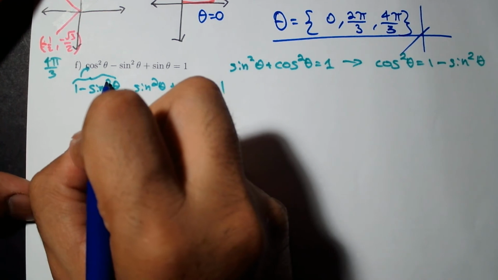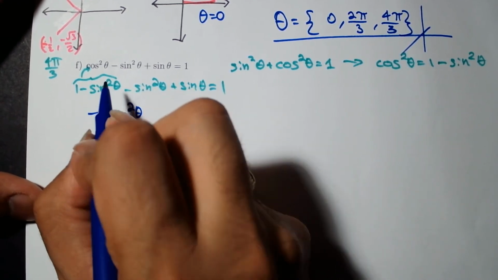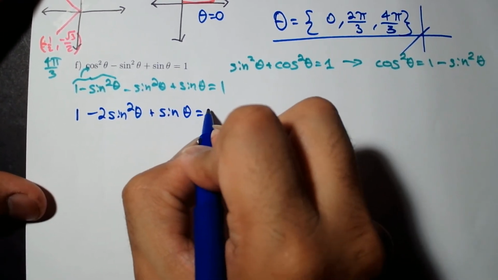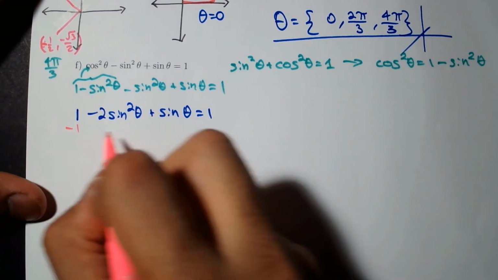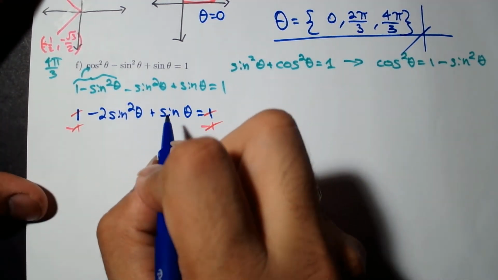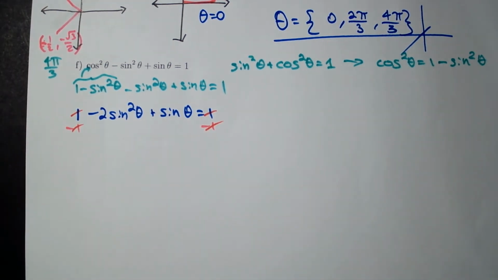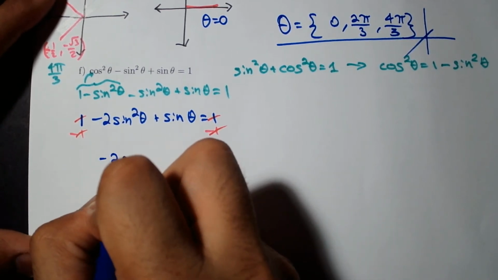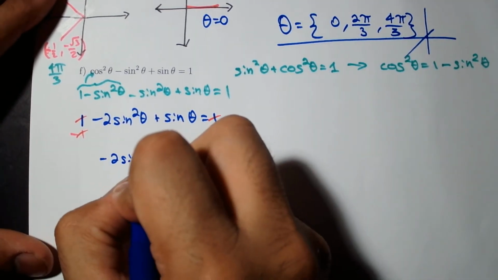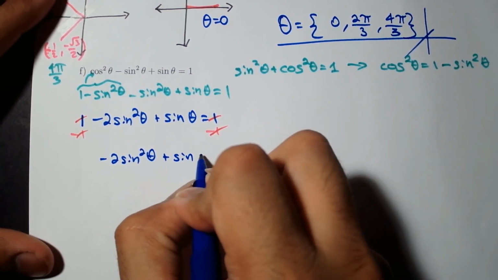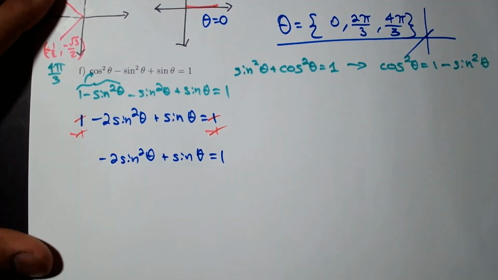The power looks better here; it looks like a coefficient, but it's actually a power. Plus sine theta equals 1. On both sides, I'm going to subtract 1. Those are going to cancel. So negative 2 sine squared theta plus sine theta equals 0.